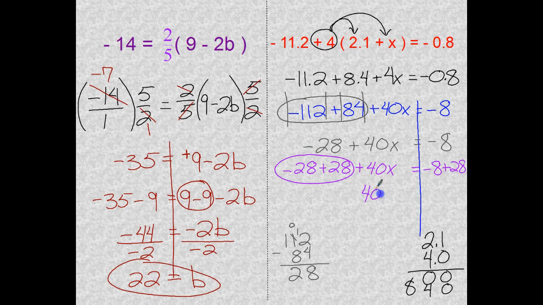So 40x is equal to negative 8 plus 28 is 20, positive. Divide both sides by 40, your coefficient. So x should be equal to, reduce your 20 over 40, which is 1/2, positive.